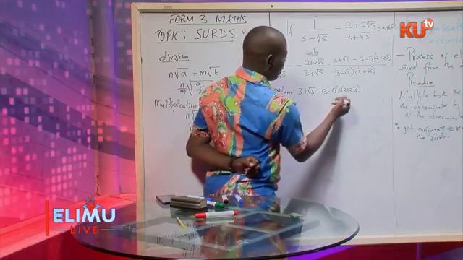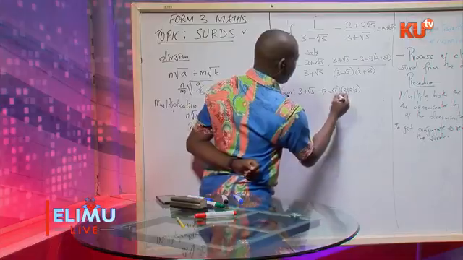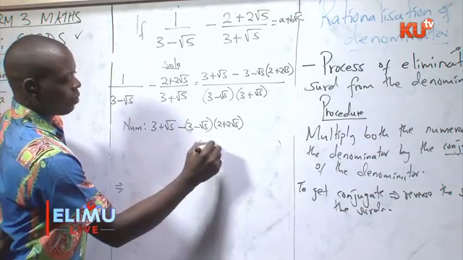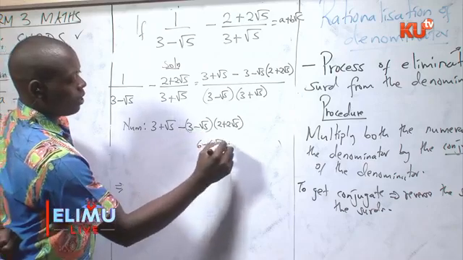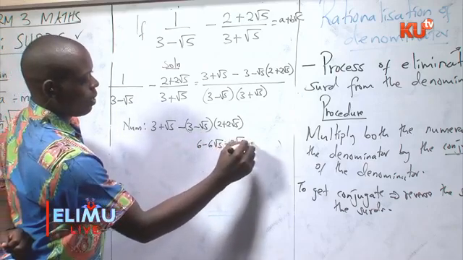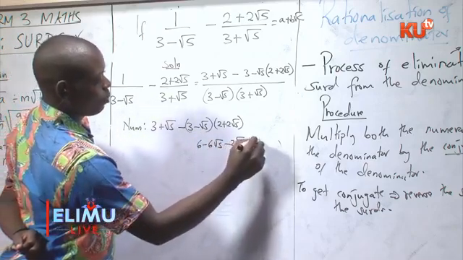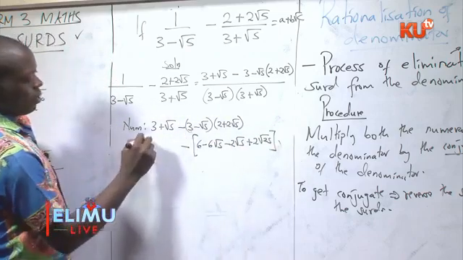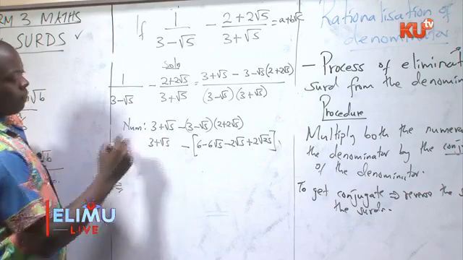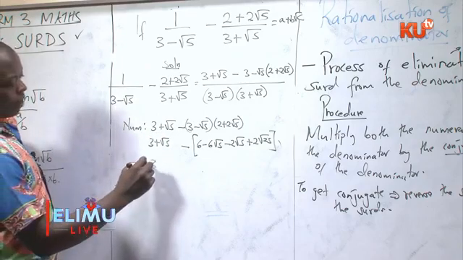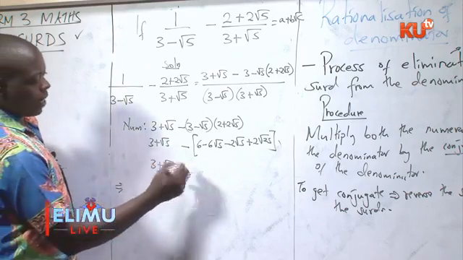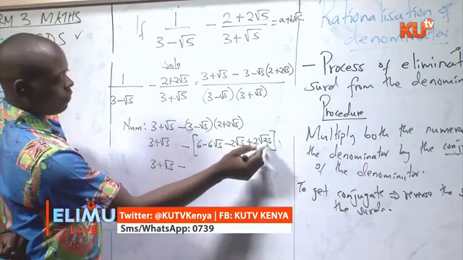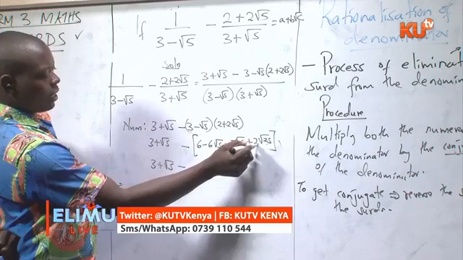By expansion, at this point, we shall have 3 by 2, that is 6, less 6 root 5, less 2 root 5, then you add 2 root 25. Then less 3 plus root 5. So that I have 3 plus root 5 minus, this is 5 times 2, that is 10.